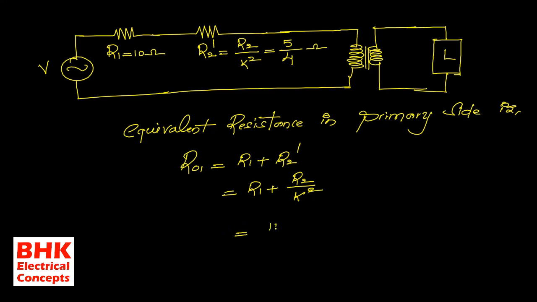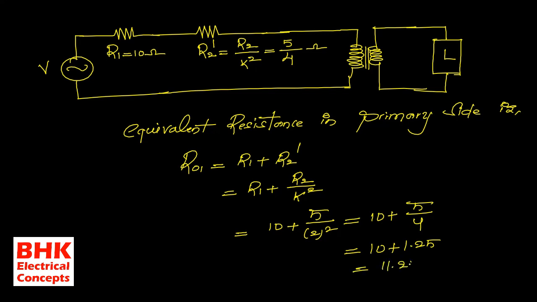R1 is equal to 10 plus R2 means 5 divided by K square, so 2 square, that is 10 plus 5 divided by 4. Simplifying, 5 divided by 4 gives 1.25. So 10 plus 1.25 is equal to 11.25 ohms. This is the value of the equivalent resistance we calculated in the primary side.